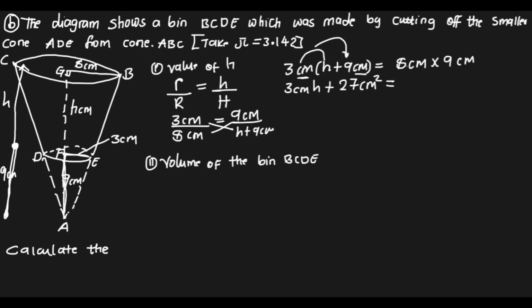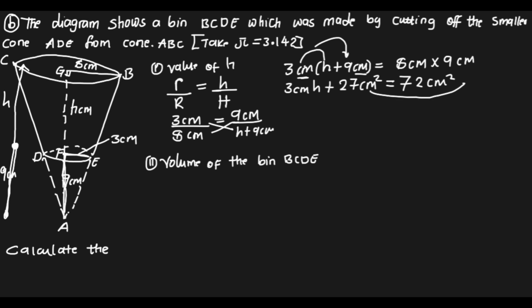Now here we have 8 times 9, so 8 times 9, we are getting 72 centimeters squared. So here we need to collect the like terms.